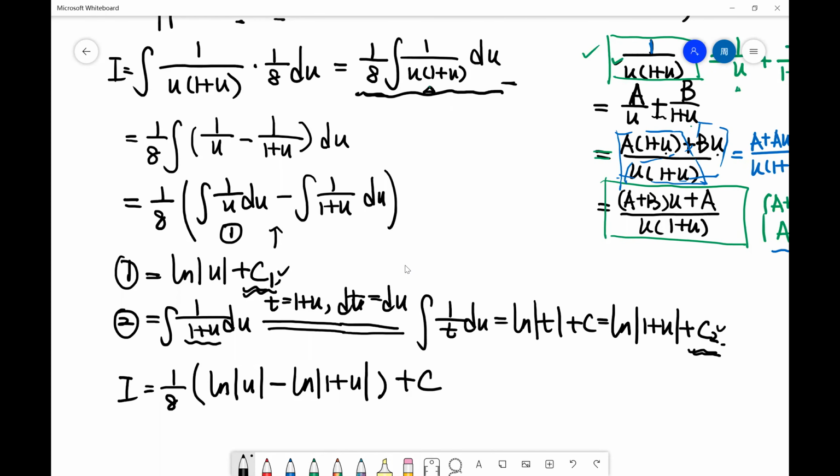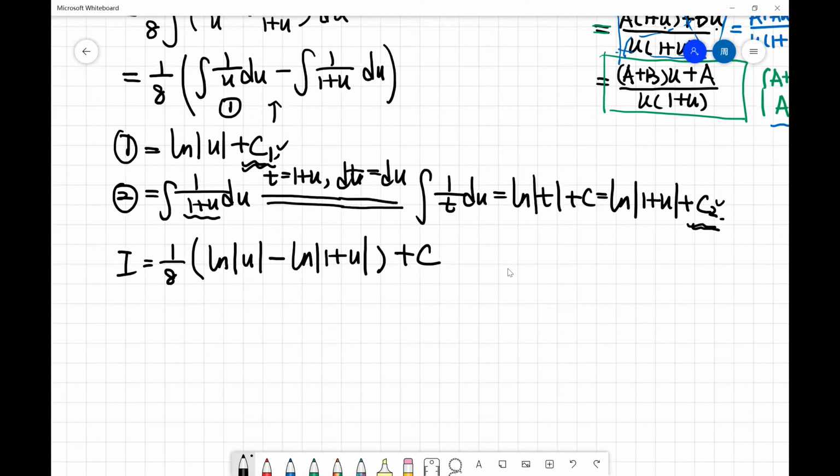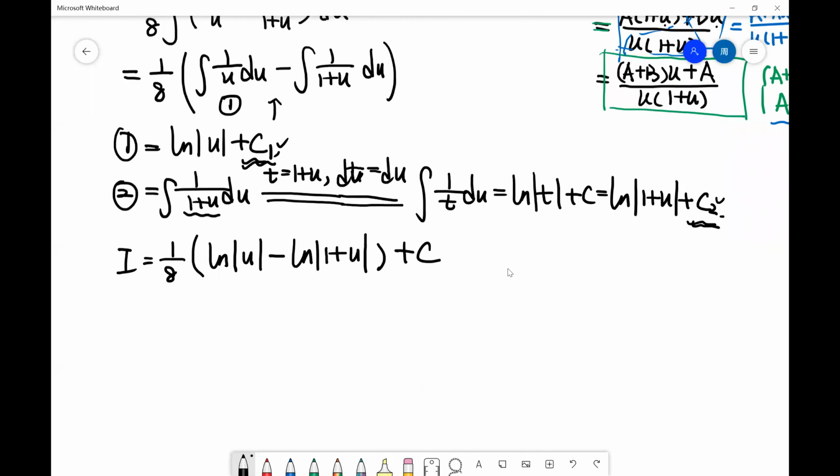So we have I equals 1 by 8 times ln absolute value of u minus ln absolute value of 1 plus u here. And here we have a property for the function ln, that is ln A minus ln B equals ln A by B.